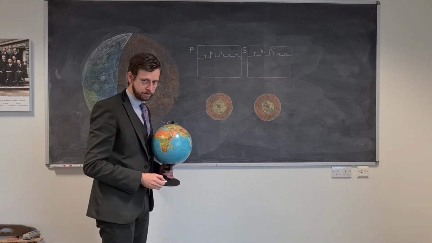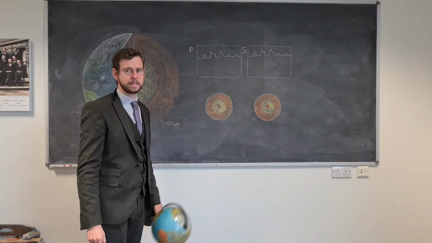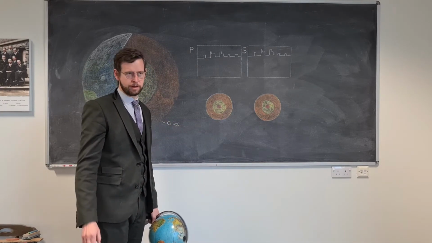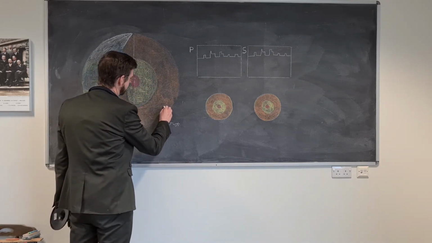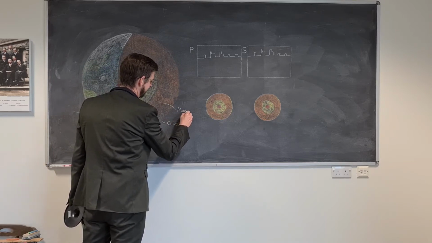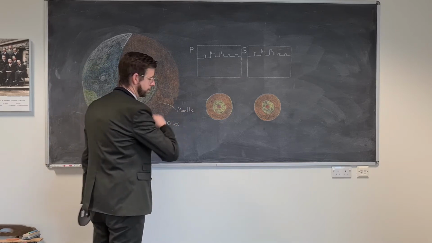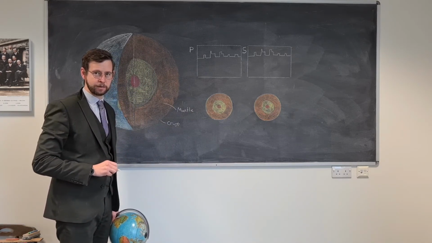It divides into two types, continental crust and oceanic crust. But this is tens of miles thick. Then we end up with a region that is solid. This is the mantle. It is rock under huge pressure, and it gets warmer as you go down.